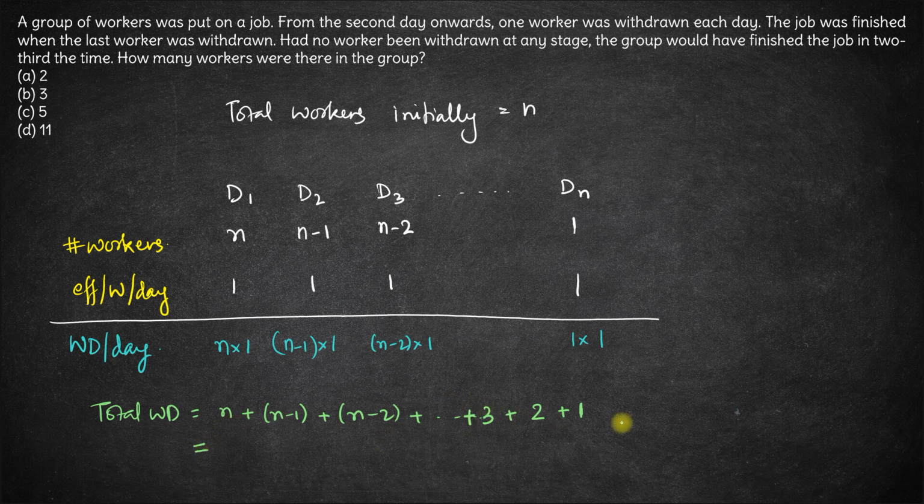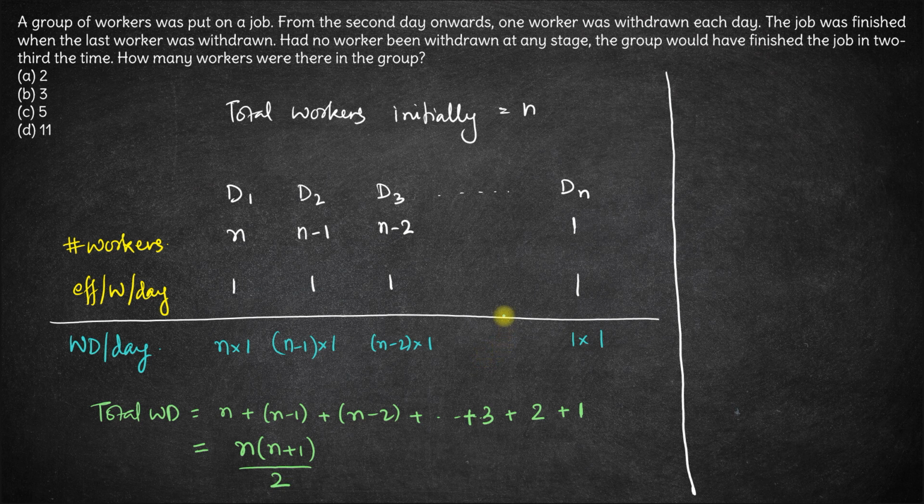So this is the total work done. Now what is this? This is simply the sum of the first n natural numbers, right? So the sum of the first n natural numbers is n into n plus 1 by 2. This is the total work that would have been done in n days if work is completed in this fashion.